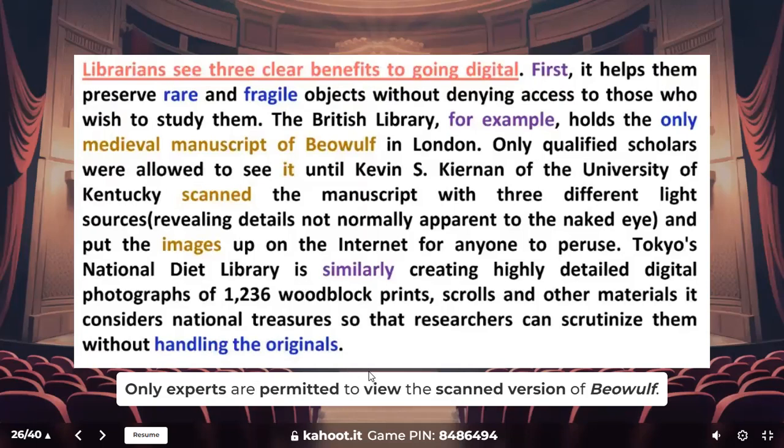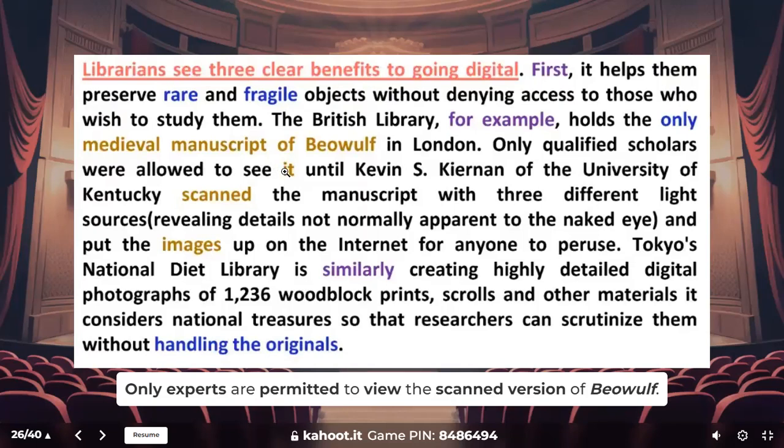To view. Where can you find to view here, the synonym? In the text. To see. Okay. Now, the problem is with it. Here, what does it refer to? Does it refer to the scanned version or to the, yeah, this is not the scanned version.